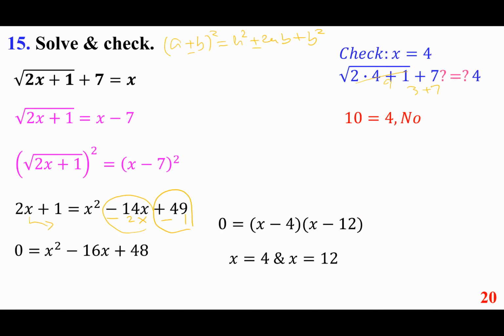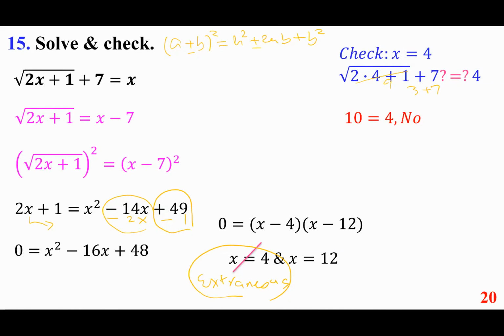So that means x equals 4 is out, it's not a solution, it's an extraneous solution. The terminology is extraneous solution, something that is extra, we didn't have it, and we don't have it in a manner that works with the original equation.